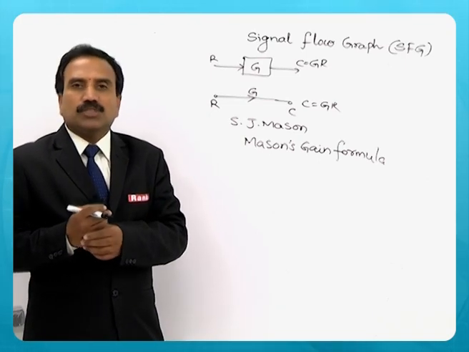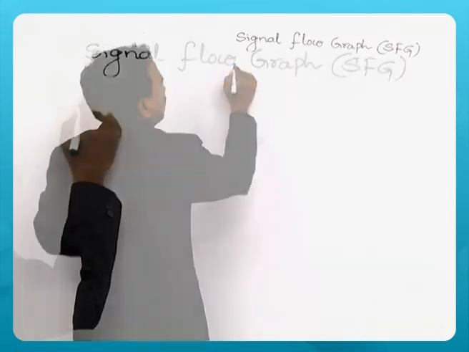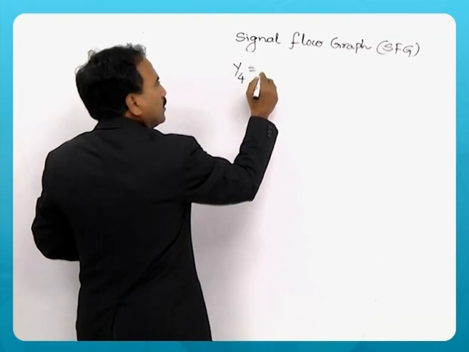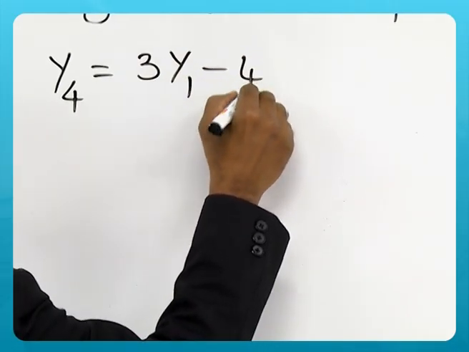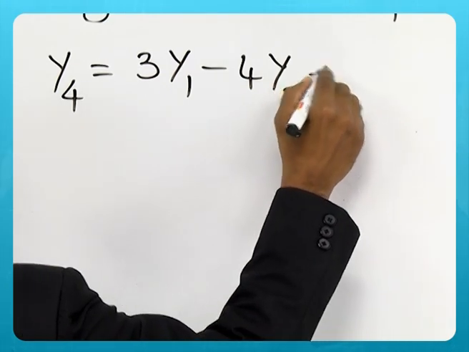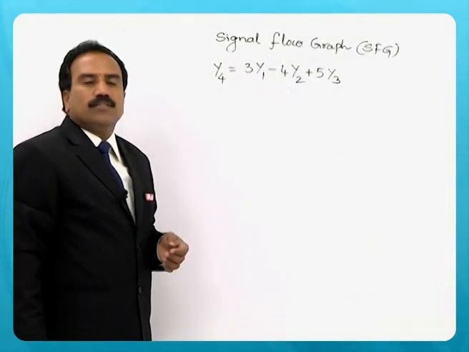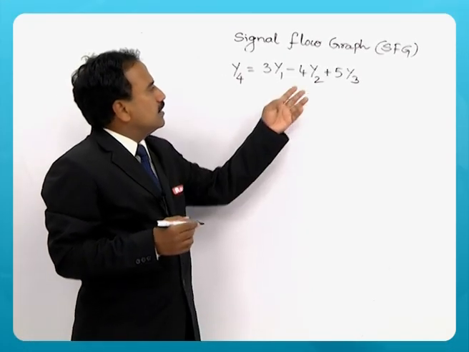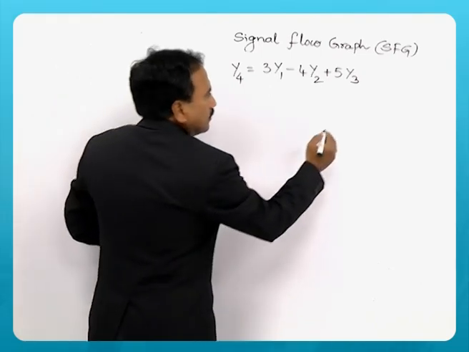Let us have one example of a linear equation, say y4 is equal to 3y1 minus 4y2 plus 5y3. This is a linear equation. Now I would like to represent this linear equation as a signal flow graph. It is possible.